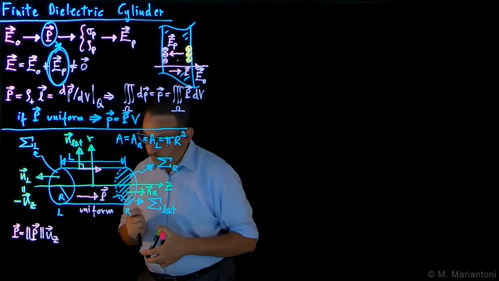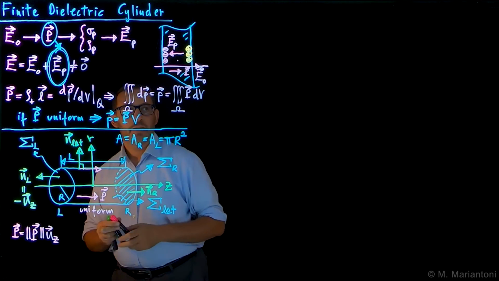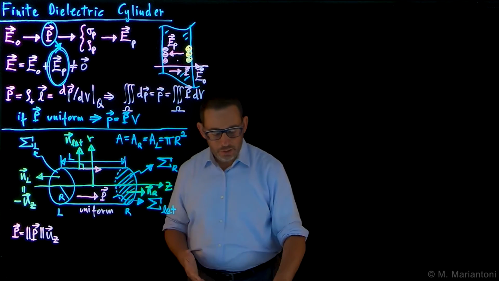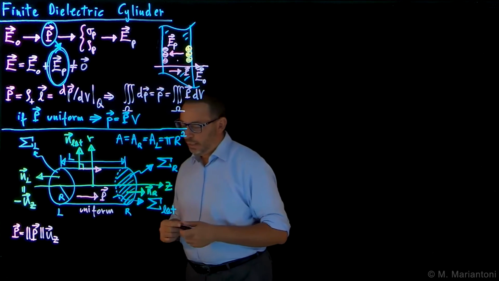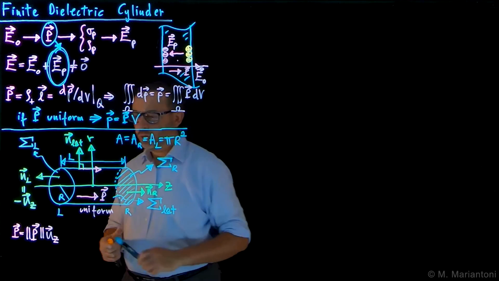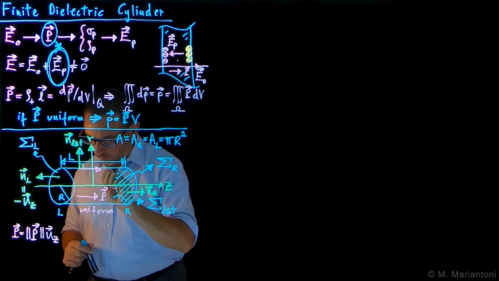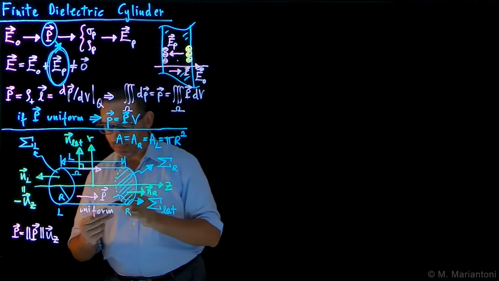Okay. So given all this notation, the first question I want to ask is, what are the charges? What is the polarization charge? As always, we call this volume here capital omega, which is the body of the cylinder.